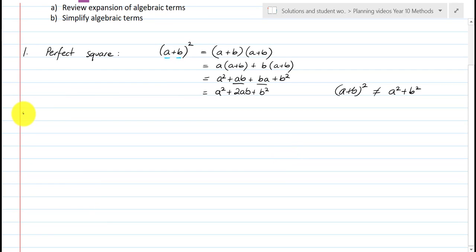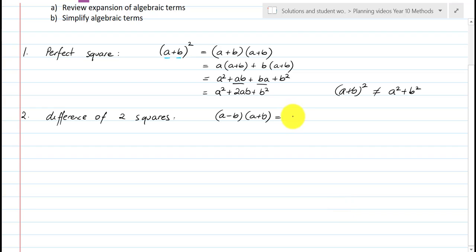Let's look at a second example, and again, a very specific example. So this is called the difference of two squares. Now, I can't really tell you why yet, but once we've done the expansion, I'll show you. The expansion is typically (a - b) times (a + b). So quite similar to the first one, but only slightly different.